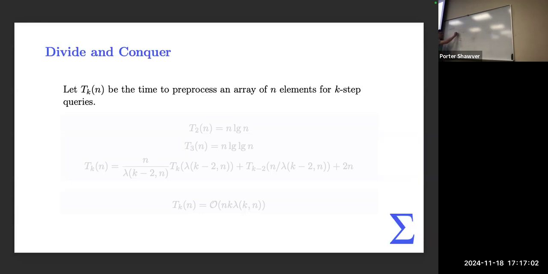For the queries within one side, we will recurse down our pre-processing algorithm on the n/2 size array. We want to figure out how fast or how much space we need to pre-process this entire array in this manner.